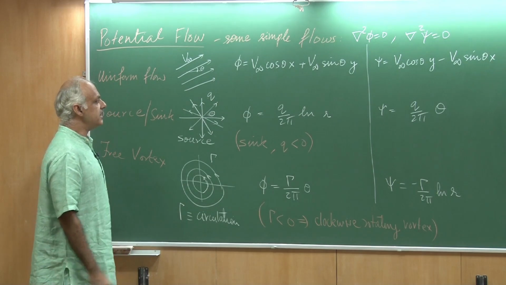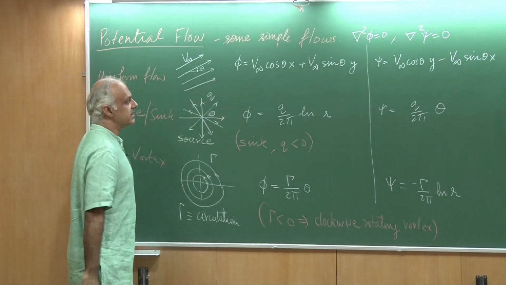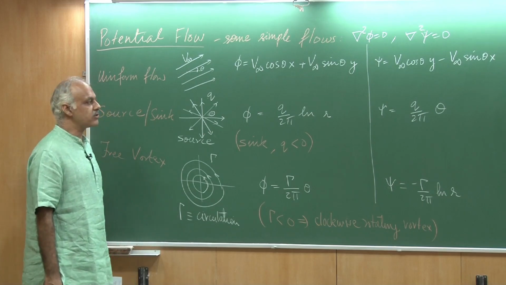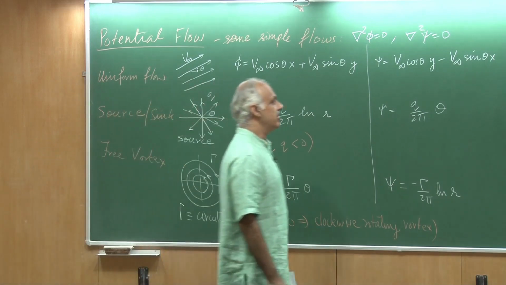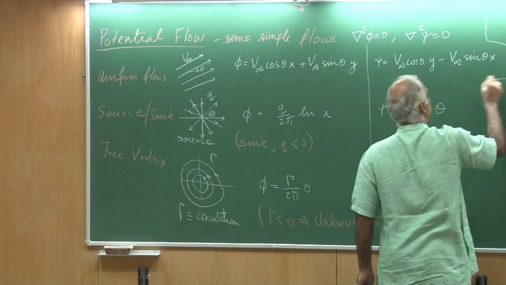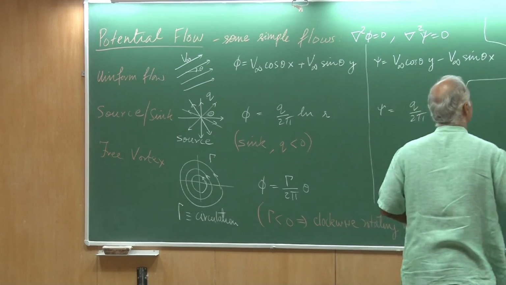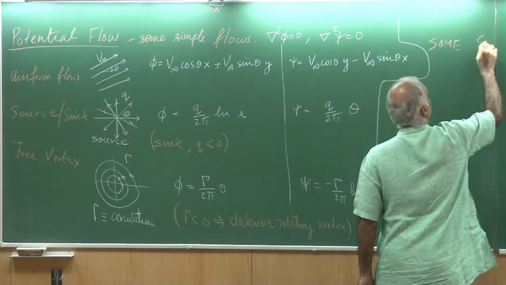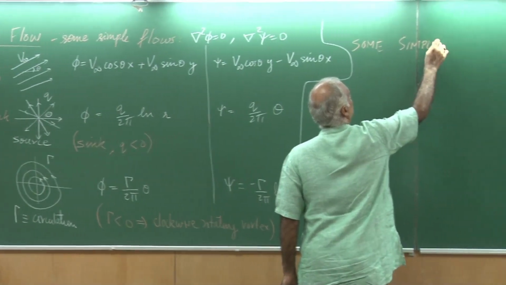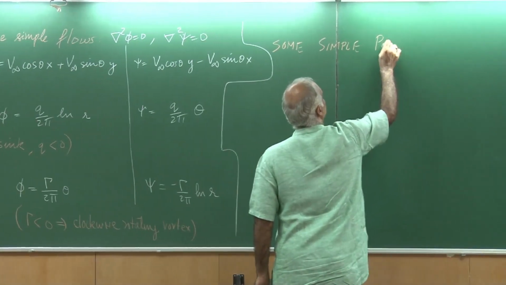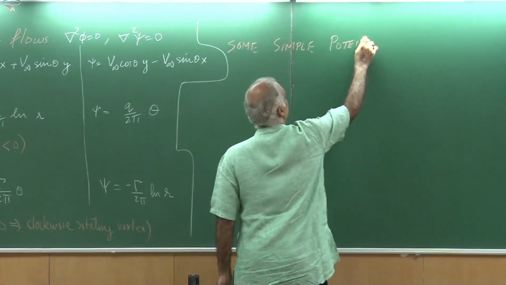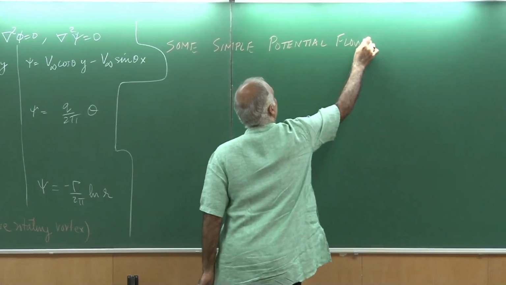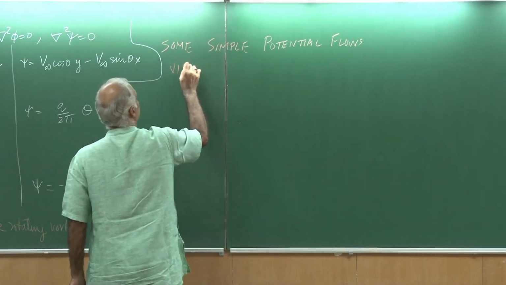And because each of these flows is a solution to those equations, their linear combination is also a solution. So now we are going to try superposition. Some simple potential flows via superposition.